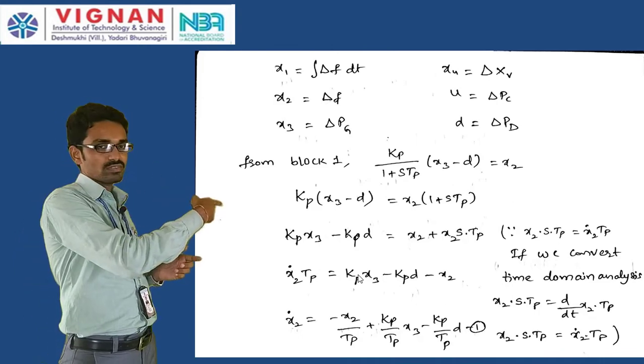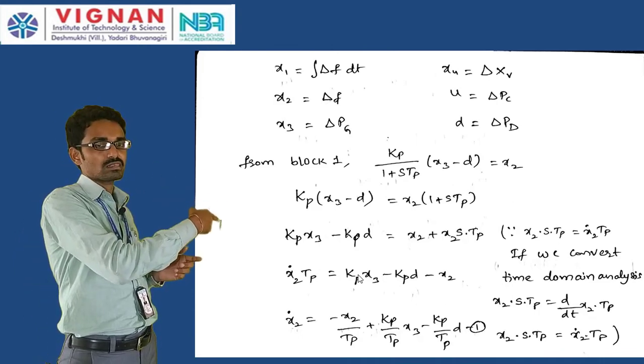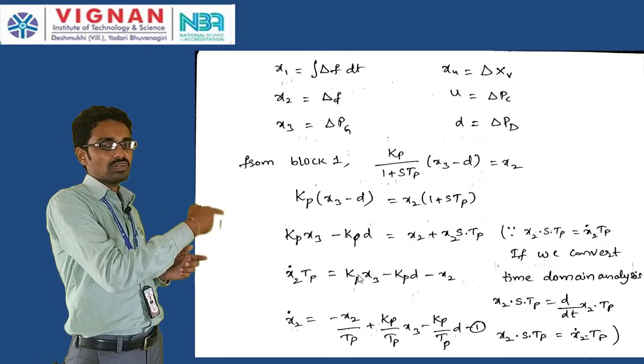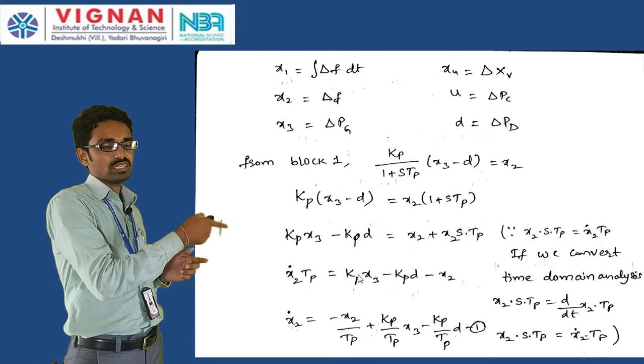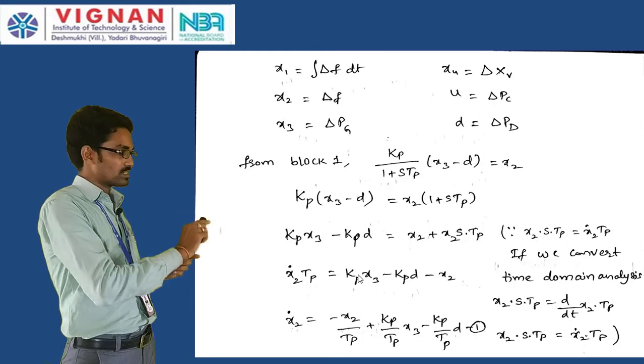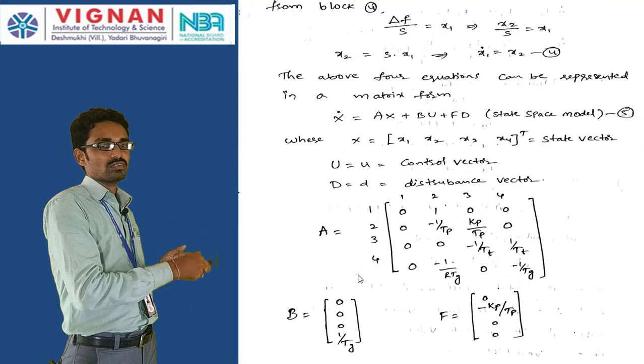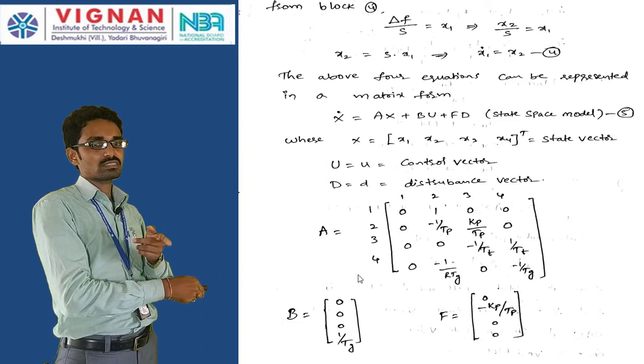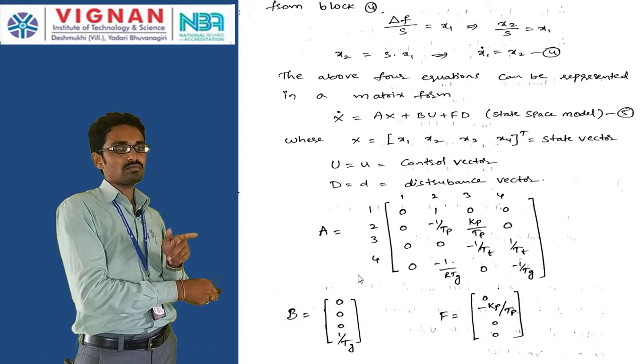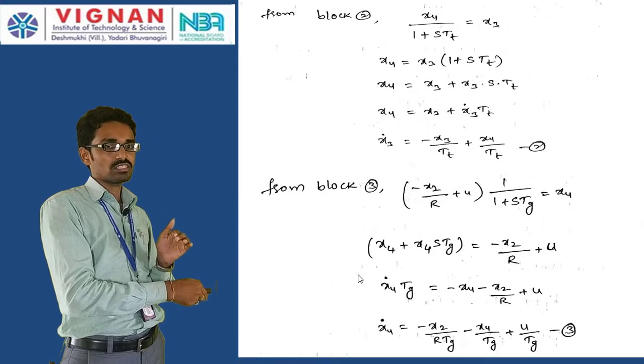In the last equation, that is equation 1, you have x2 dot, and you do not have any x1 term, so in the place of x1 you have to consider 0. That is, in the second row, first column you have 0 value.